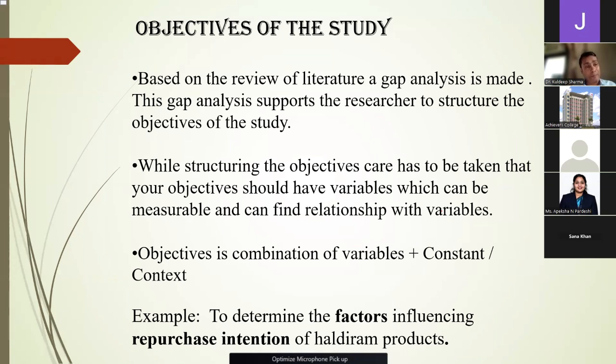My study may be, I mean my study could also be, a study on factors influencing repurchase intention of packaged food with respect to Haldiram. And this is the main title of my study. My first objective is to determine the factors influencing repurchase intention of Haldiram products. So which one is the variable here? Which factor or which variable do I want to study? Whether repurchase intention or Haldiram product or factors influencing, what exactly do I want to study?